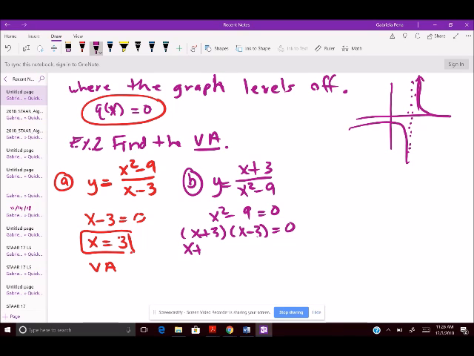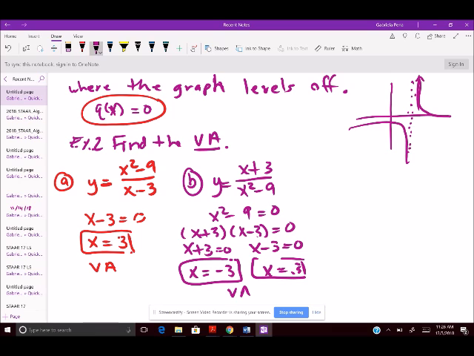Set each one equal to 0, and I get that x is equal to negative 3 and x is equal to positive 3. So how many vertical asymptotes do I have? 2. These are your vertical asymptotes: x equals negative 3 and x equals positive 3. Are we good?